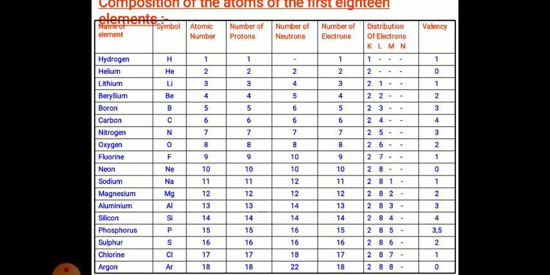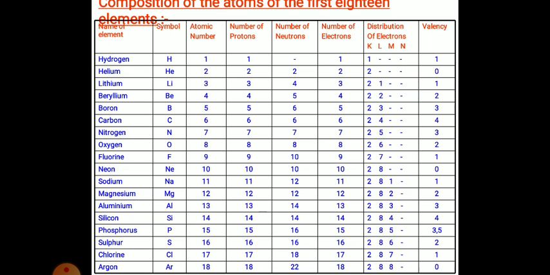If you look at its distribution in the different shells, in the K shell the number of electrons is 2, in the L shell 8, and in the M shell 1. So students, this is the distribution of electrons.